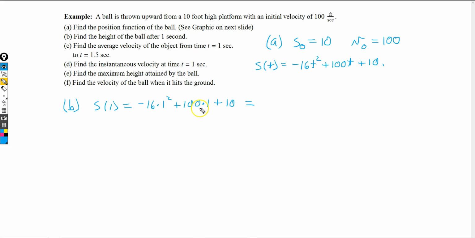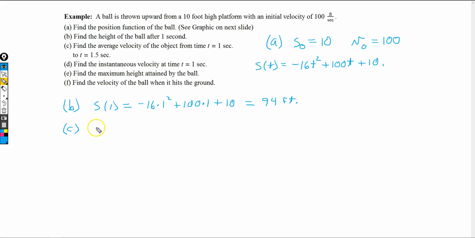And so that's going to be 110 minus 16, or 94 feet. So that's how high the ball is above the ground level at that point in time, after 1 second.